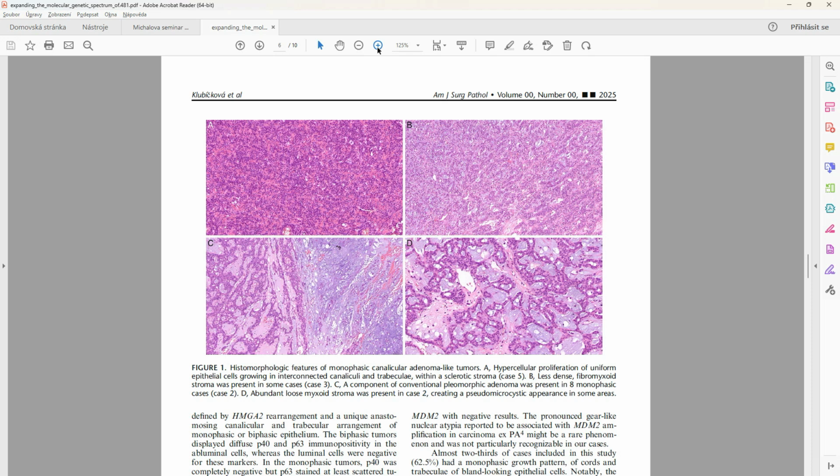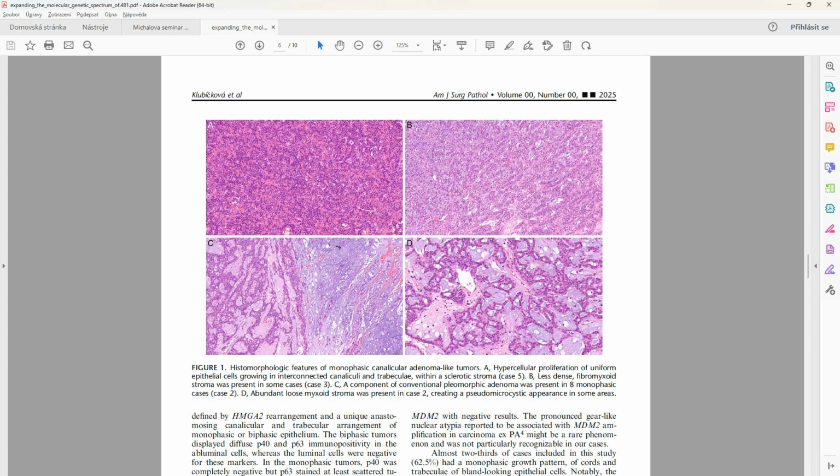Yes, so you can see that the structure is pretty much the same, at least in parts of the tumor. This was a very nice example. These tumors sometimes may have a component of conventional pleomorphic adenoma, but not always, and some of these tumors do have only this canalicular-like structure, and these cases are quite often sent as consult cases.